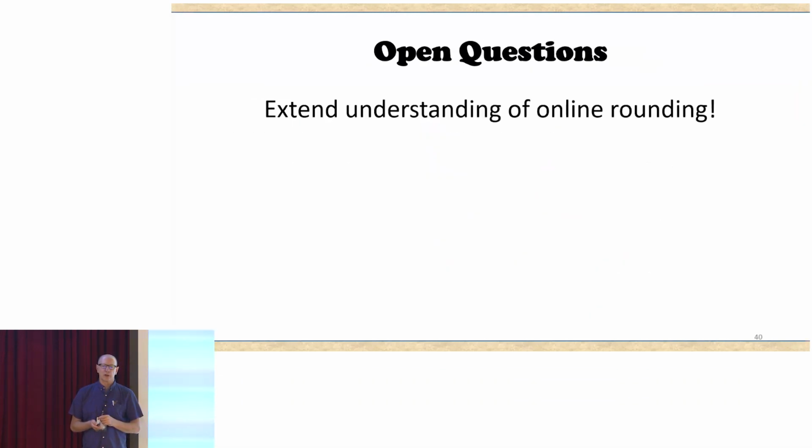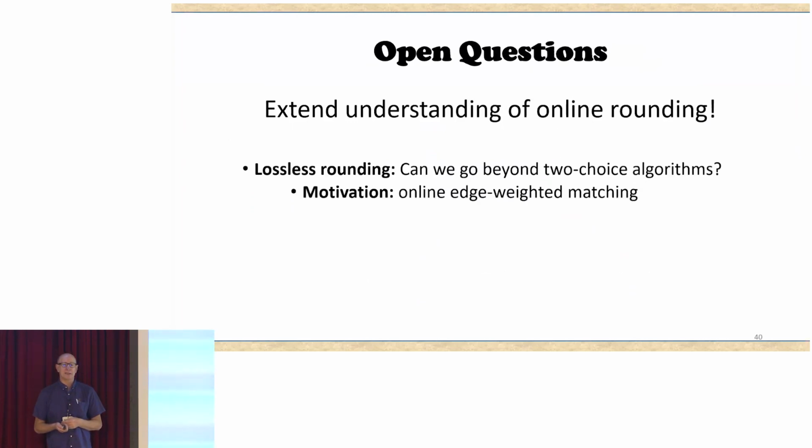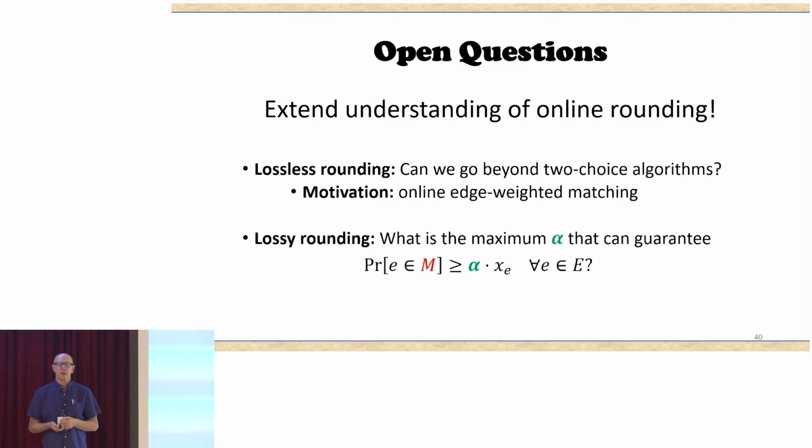And just to conclude with open questions, we want to better understand online rounding of matchings. I already discussed in the case of lossless rounding, we want to go beyond two-choice algorithms. And one motivation is online edge-weighted matching with free disposal.